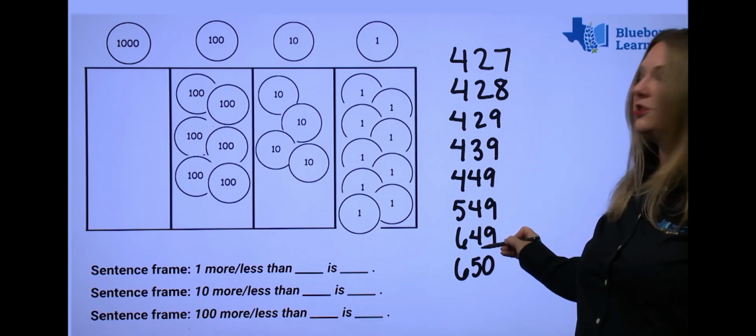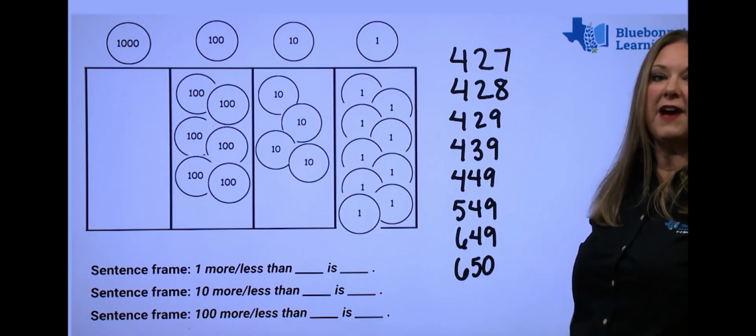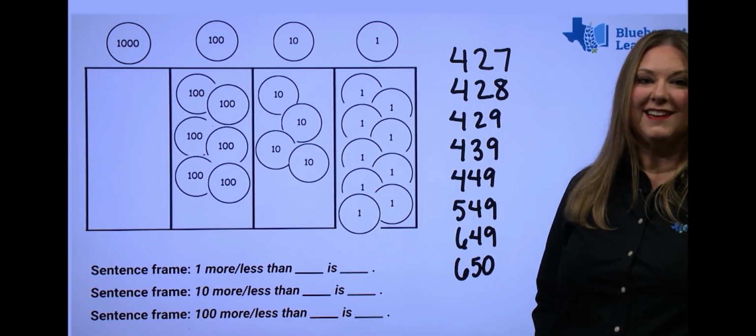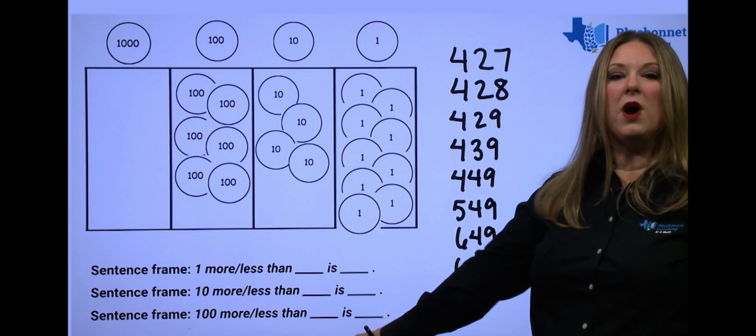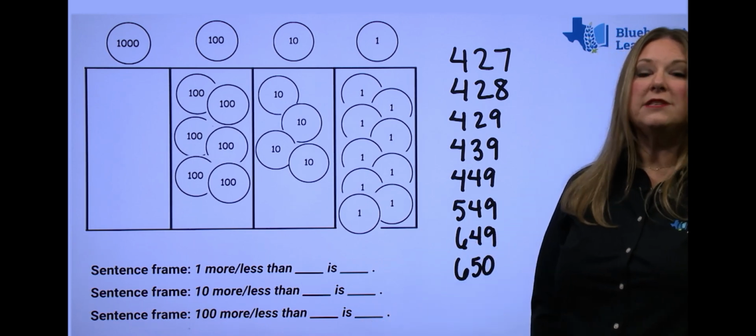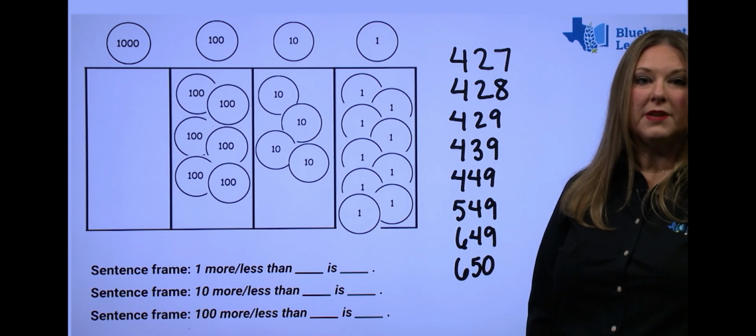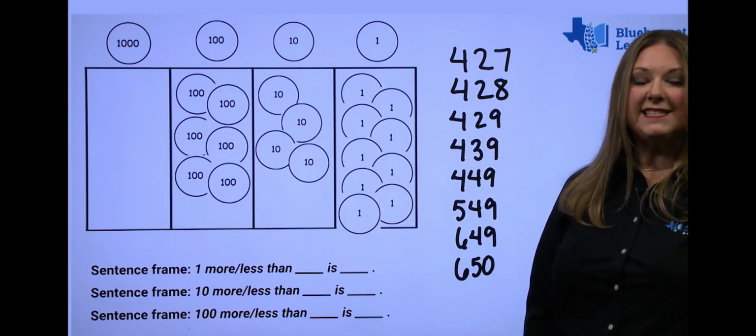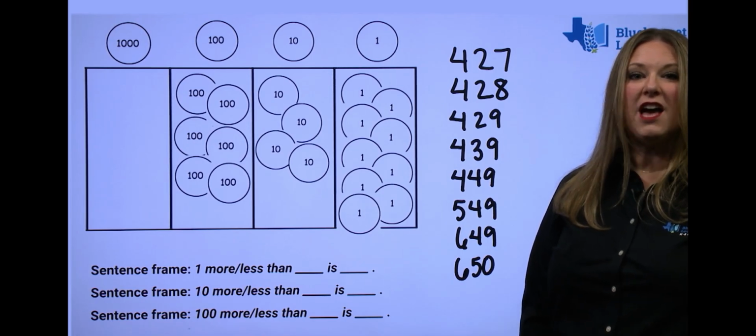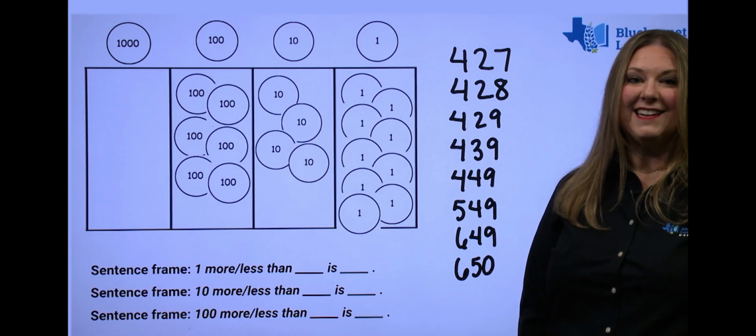Now what changed from 649 to 549? That's right, it's 100 less. So let's use that whole sentence frame. 100 less than 649 is 549.